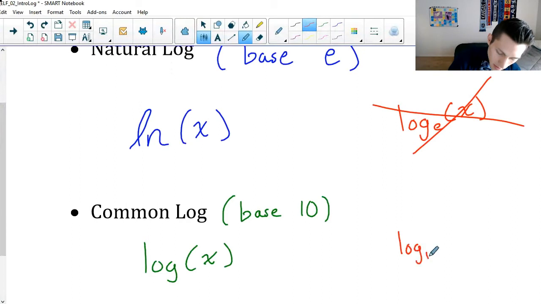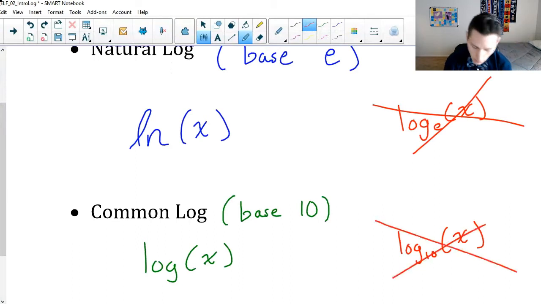So instead of writing log base 10 of x, no, we don't need to write that. We can just write log. And so anytime we see log, just log, and there's no number below it, we should automatically know, okay, this is base 10. As a society, we have decided that we will make that base 10.